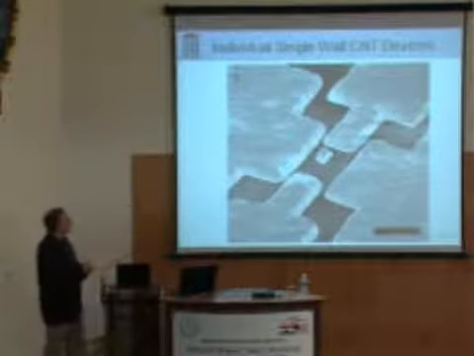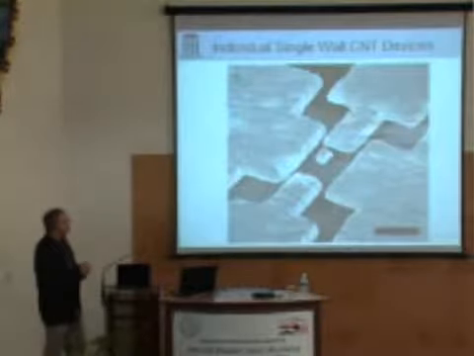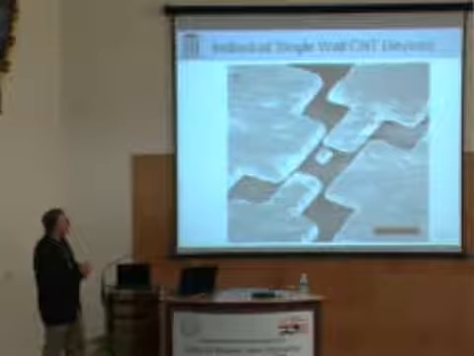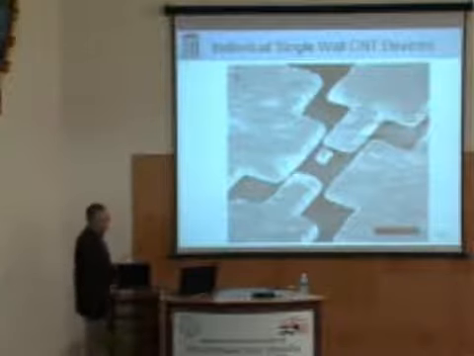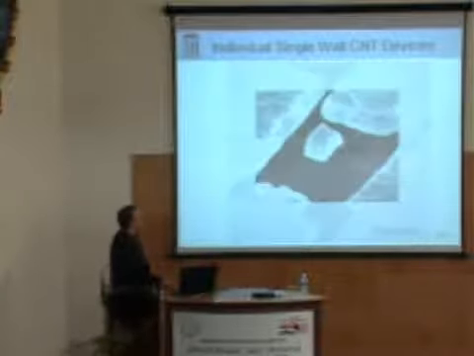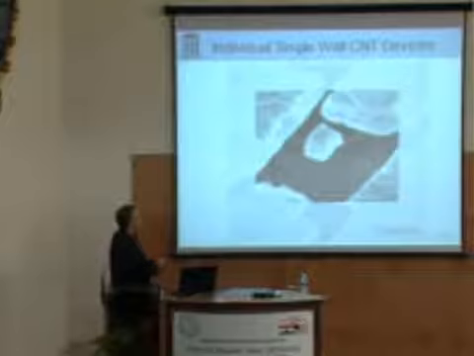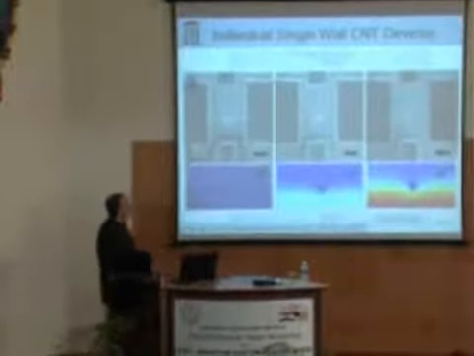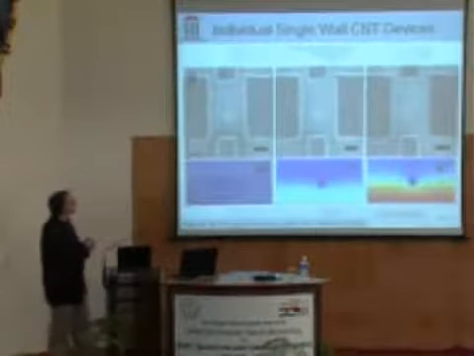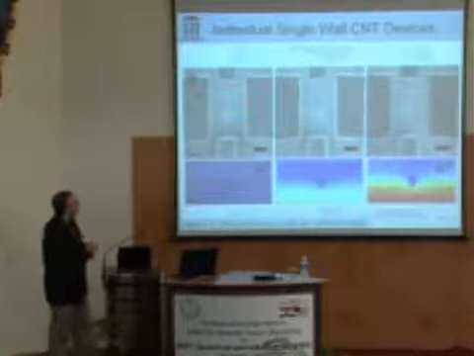In terms of measurements now, the direction we're moving into, this is, again, an individual single-wall nanotube device. This is a paddle. These are electric probes here to apply potentials to this device to rotate it. Here we blow up the device so you can see the individual nanotube here. And when we apply the potentials to this device, again, you could see the paddle rotate.